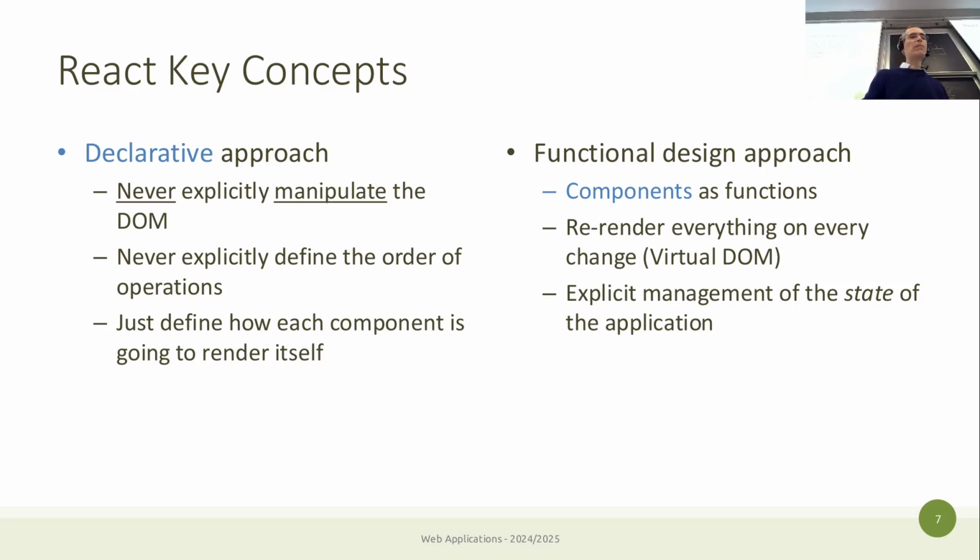That's why we want the library, the framework, because it's difficult to correctly manipulate the DOM and do it efficiently as well. Okay, and so what are we going to do in React? Well, in React we are declaring what we would like to have. Okay, so just define how each component is going to render itself, so how each component is shown on the screen. So it's a table.